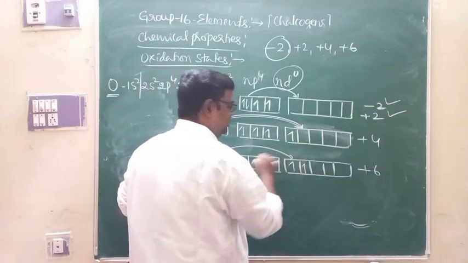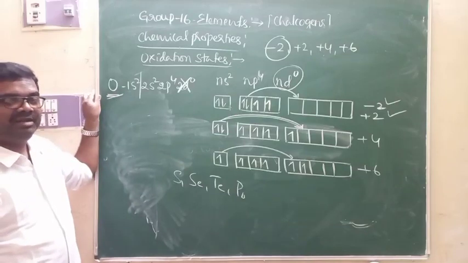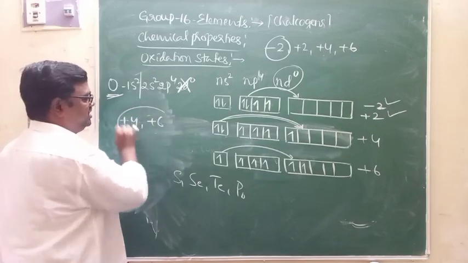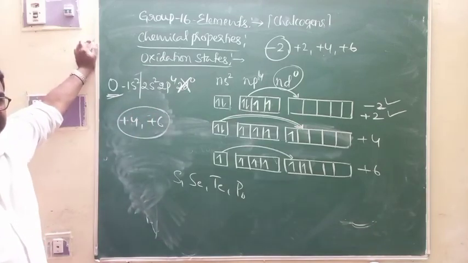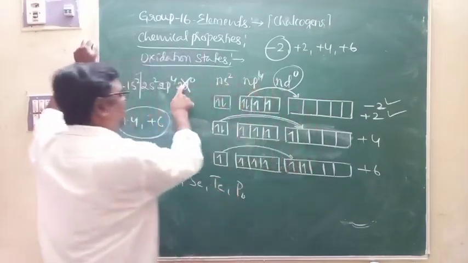I can't expect this kind of shifting in oxygen. Because of that, oxygen doesn't exhibit +4 and +6 states. Oxygen doesn't exhibit +4 and +6 states because of non-availability of d orbitals.